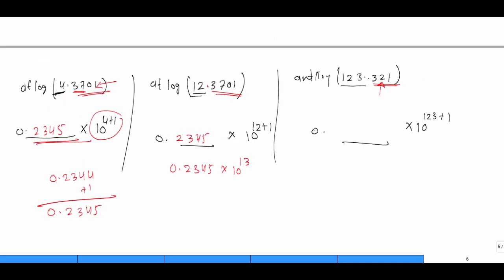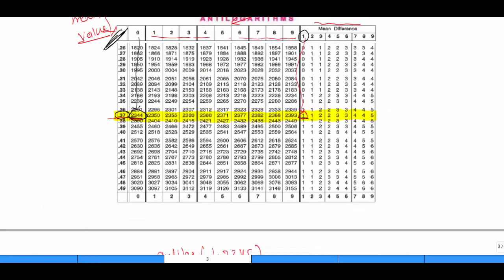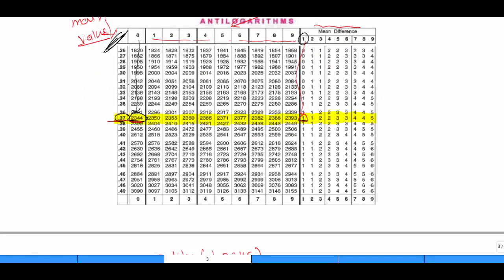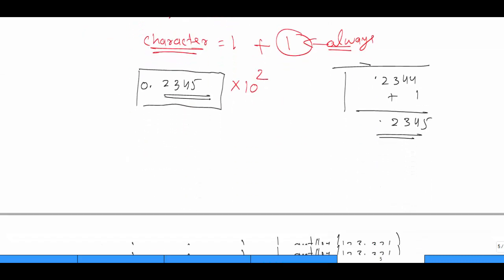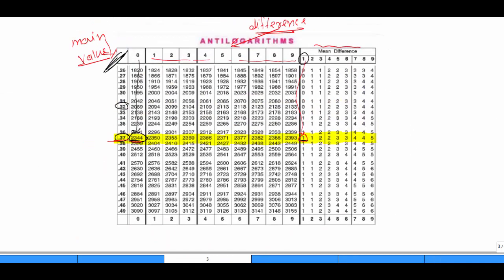Okay, see dear, in this case after the decimal it is just 0.32. So we will see in the table where 32 is. So 32 is here, dear. Then after 32, what was the value? It was 1. That means we just have a difference of 1. We don't have any mean difference. So we look at 3, 2, 1. Below 1, this value is 2094.